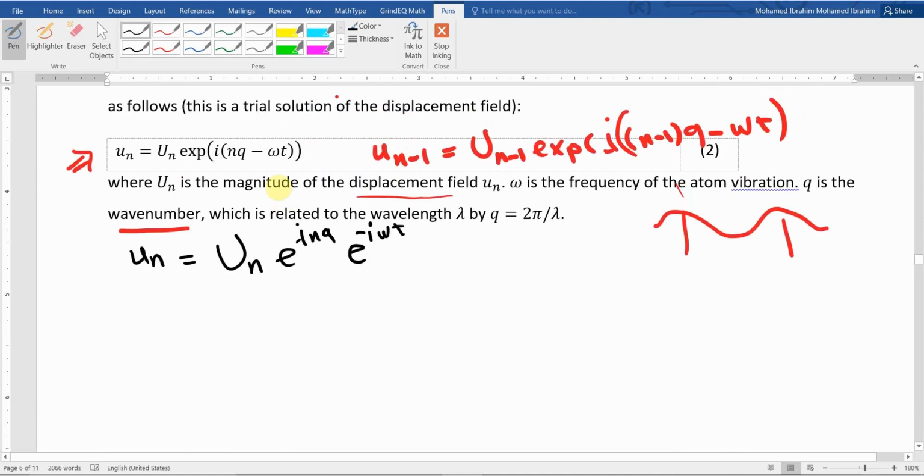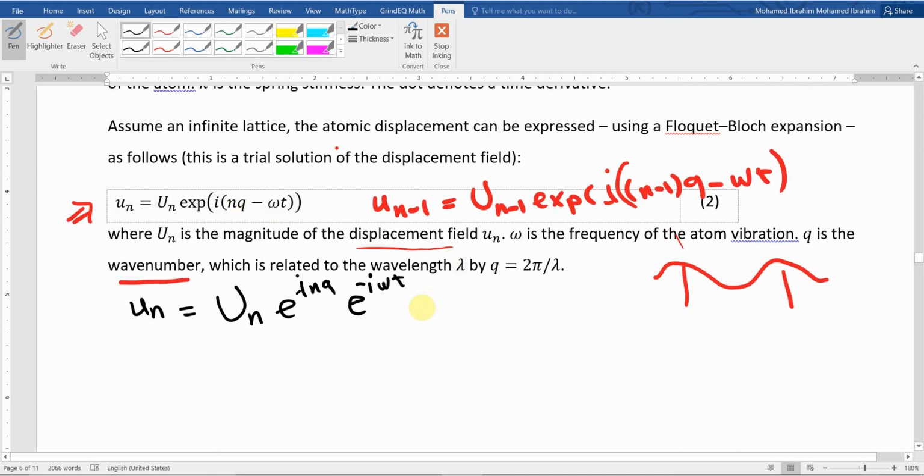So what I did here is split this exponential term, and let us assume that this term equals q. So we end up with u N q to the power n, and e to the negative i omega t.